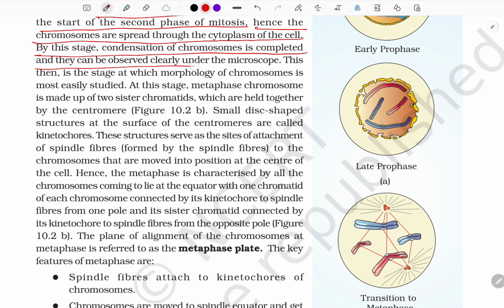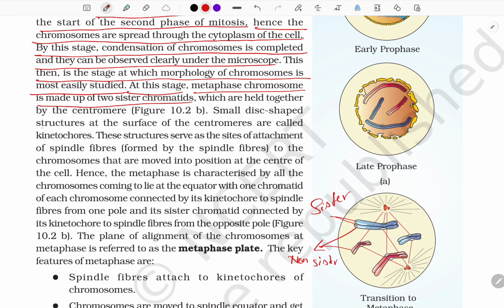They can now be observed clearly under the microscope, and this is the stage at which the morphology of chromosomes is most easily studied. At this stage, metaphase chromosomes are made up of sister chromatids. You can see here the relationship between this and this chromatid is sister chromatids. But the relationship between this and this is non-sister chromatids.